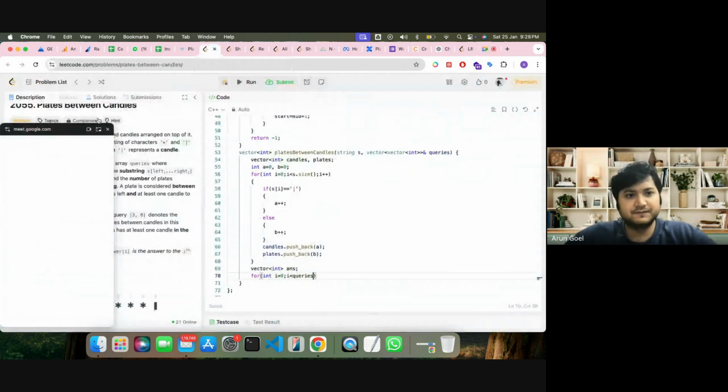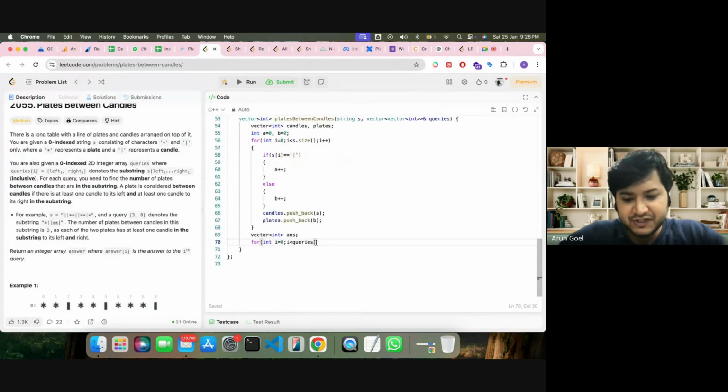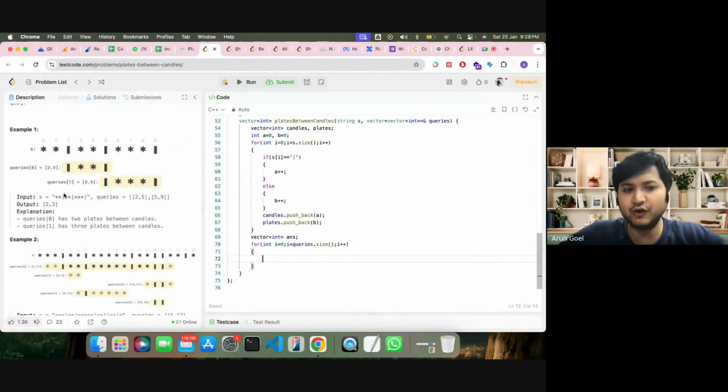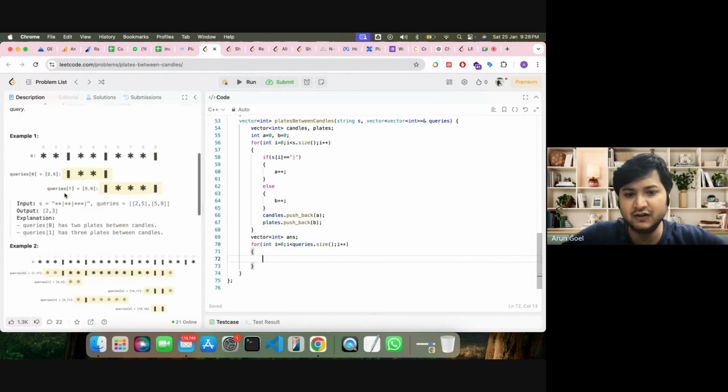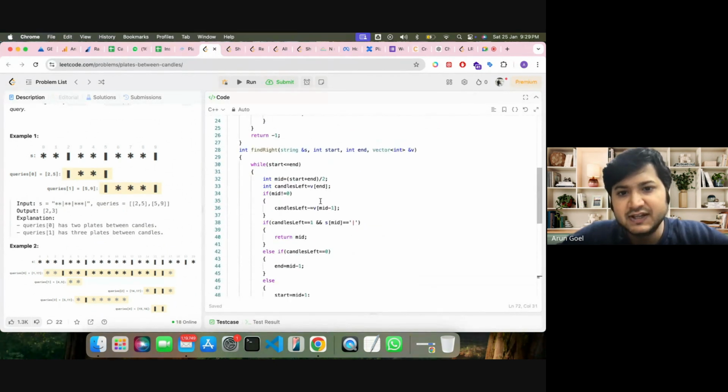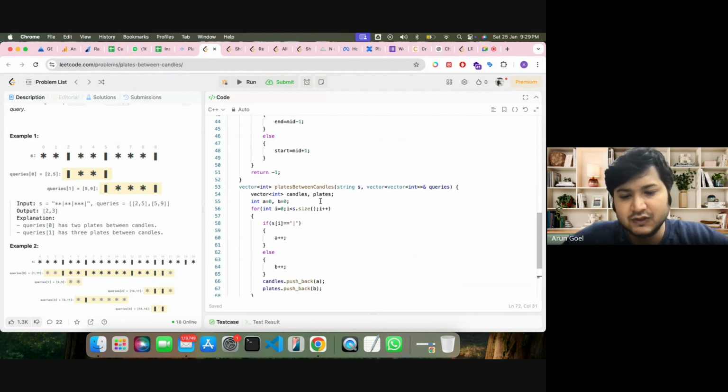Okay. Yeah, queries dot size I plus plus. Perfect. Now what we have to find for each and every query, we want to find the leftmost candle and the rightmost candle. So int left equals to find left, and your what are the things, s comma start comma end comma candles, right?